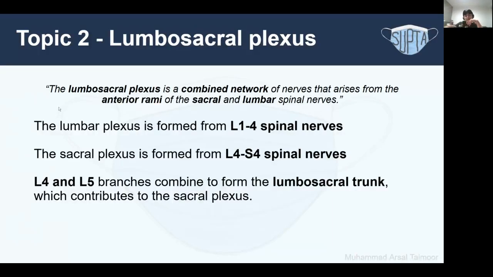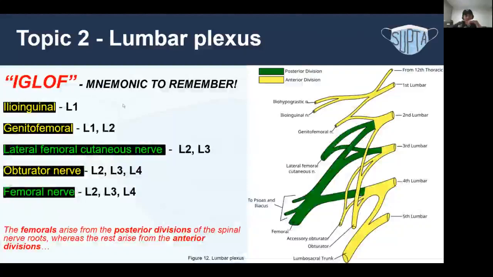So the anterior divisions of those branches form this plexus. The lumbar plexus is L1 to L4, the sacral plexus is L4 to S4. Now, L4 and L5 form the lumbosacral trunk. That's where you get the combination of the two plexuses, or plexi.